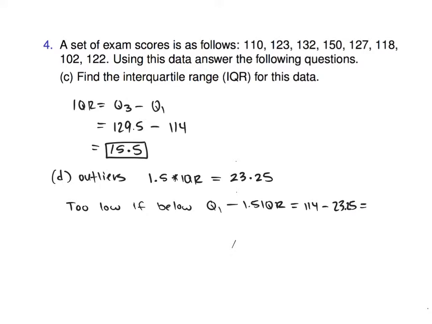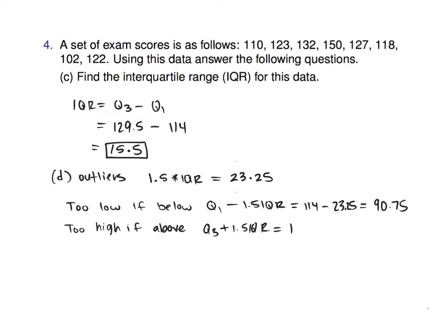That gives, do you guys get 90.75? So is there any test score that's an outlier on the low end? No, okay. You're too high if you're above what plus 1.5 IQR, which is Q3, great.